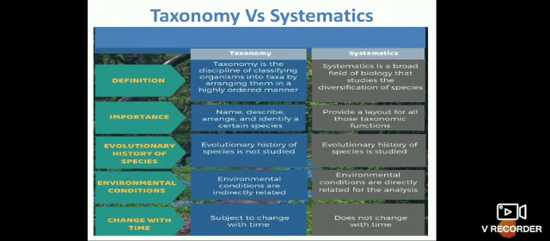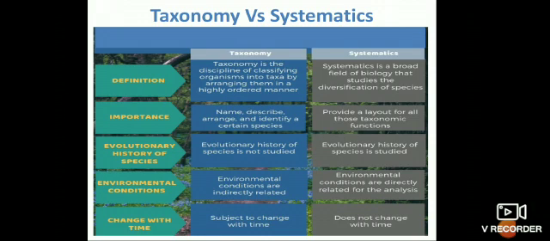As systematics deals with the diversification of living organisms, it obviously deals with evolutionary changes. Environmental conditions are indirectly related in the case of taxonomy, whereas environmental conditions are directly related for the analysis in systematics, because as it is dealing with diversification, environmental conditions are taken into account.